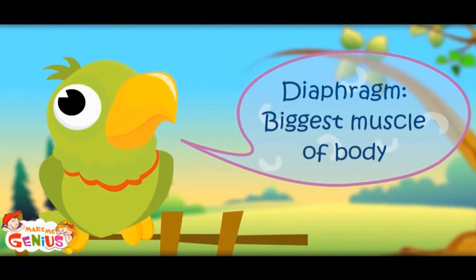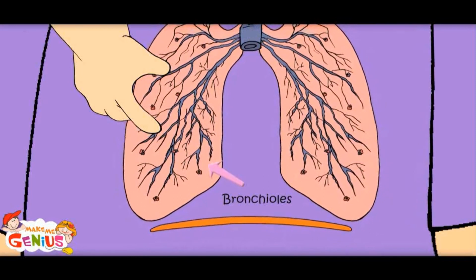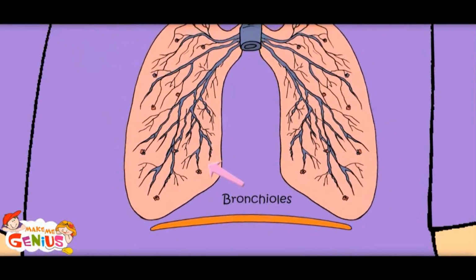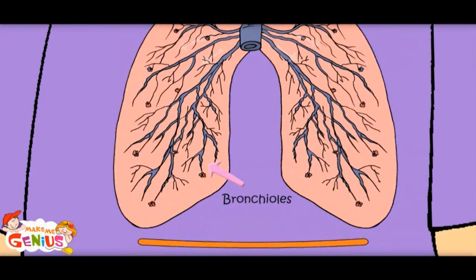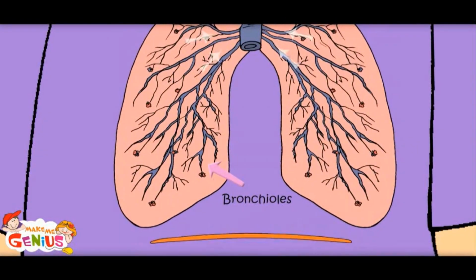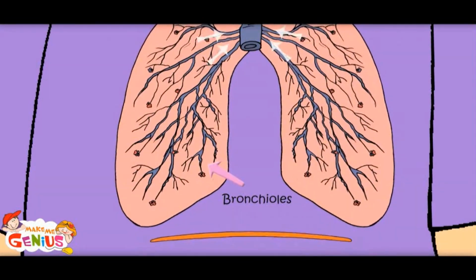Diaphragm, biggest muscle of the body. What are these tree branches? There are 60,000 tubes in the lungs. Oh, these are bronchioles. These are small tubes which take air inside and out of the body. There are 30,000 in each lung.